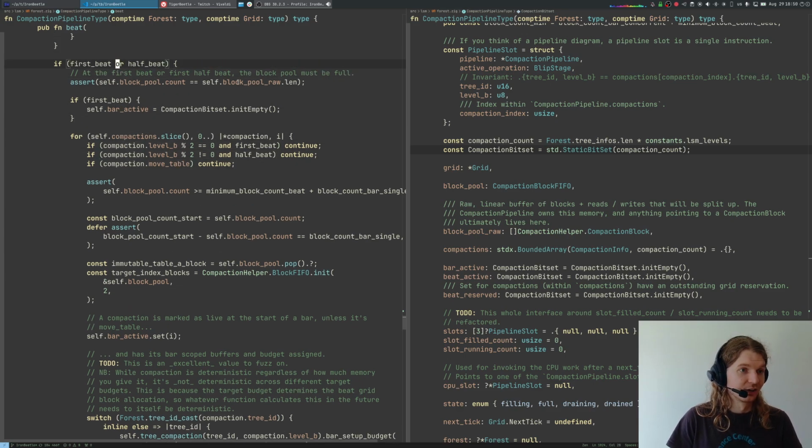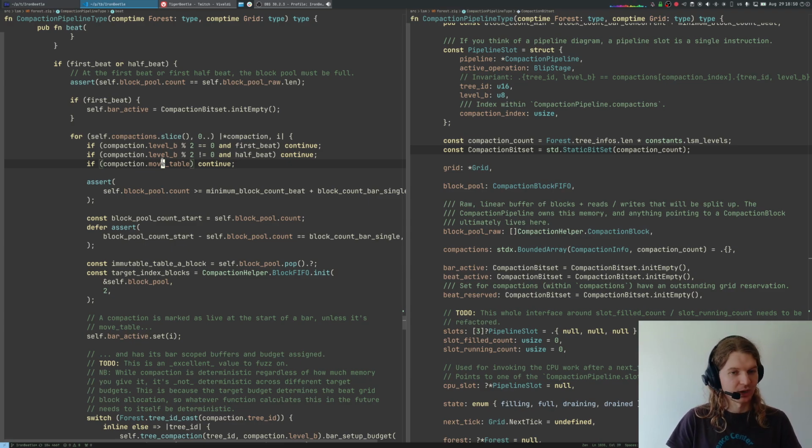Okay, so this is on the first beat and the half beat, and we basically check that here is first beat and odd levels, and half beat and even levels.